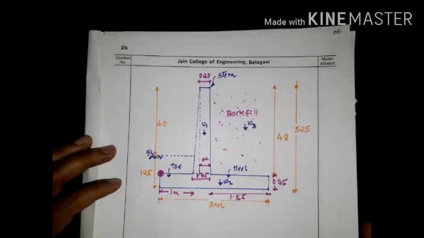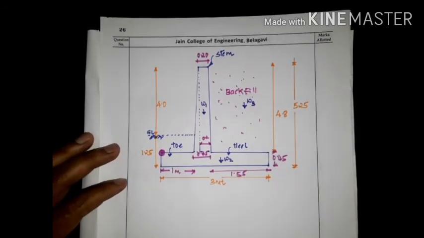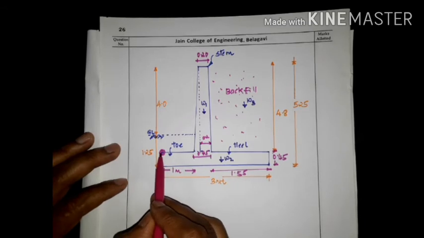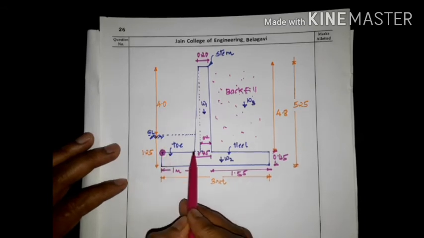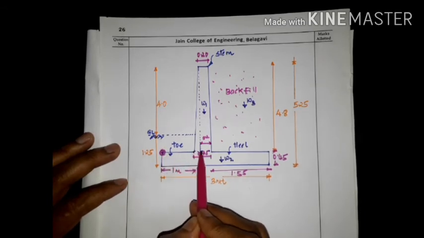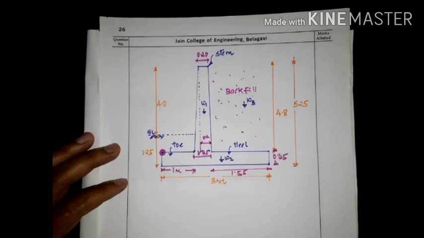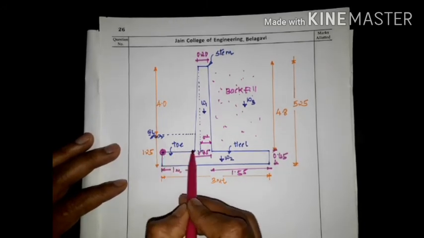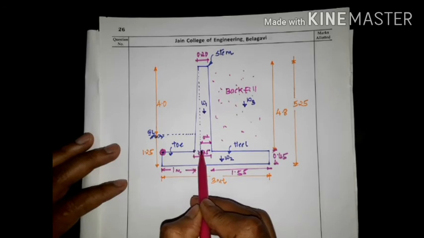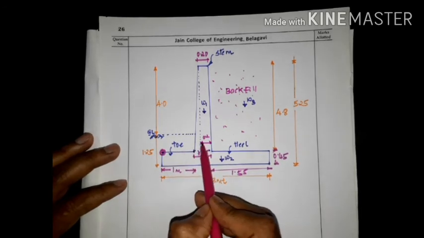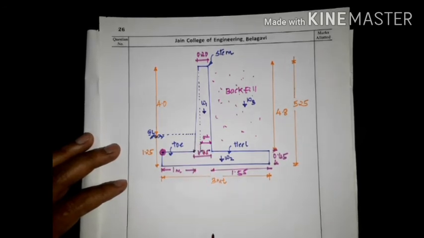We can check here. For rectangular from toe, this is 1 plus 0.25 plus 0.2 by 2, that is the centroid of the rectangle is depth by 2. 1 meter plus 0.25 meter plus 0.2 by 2. Okay, that is for rectangle.